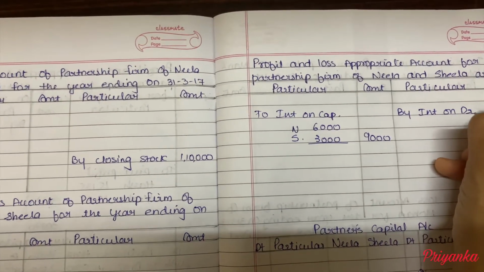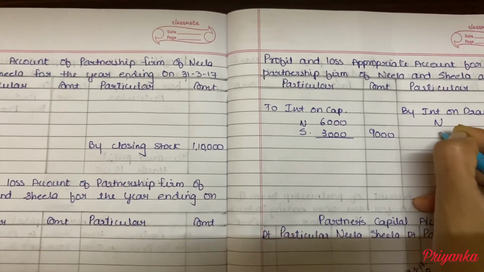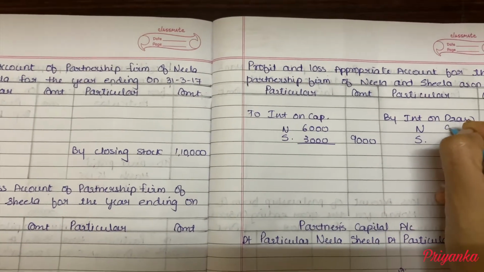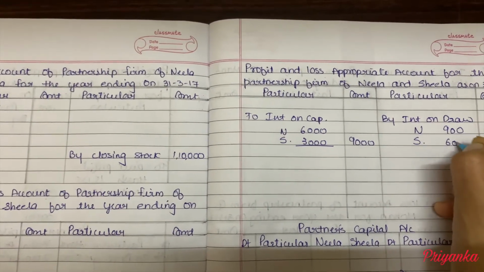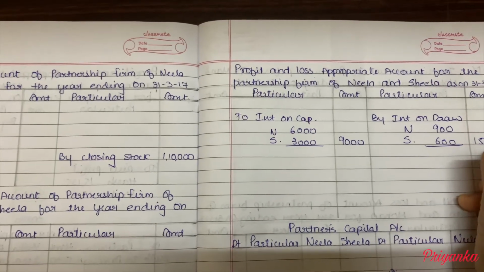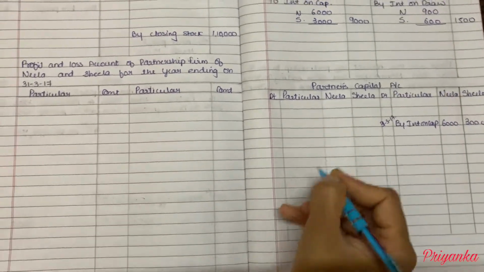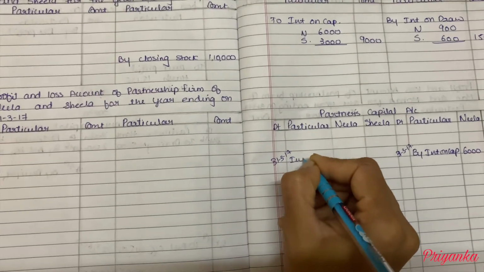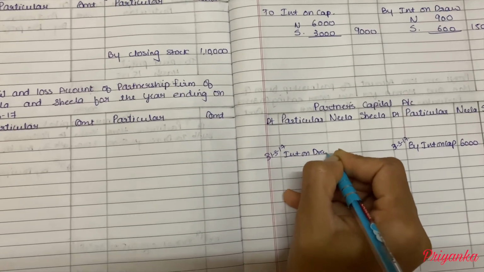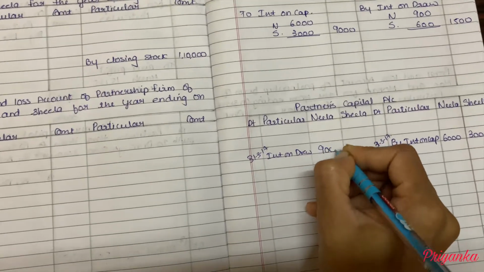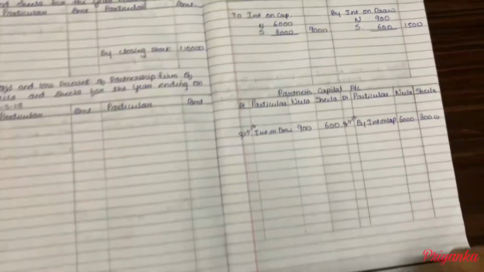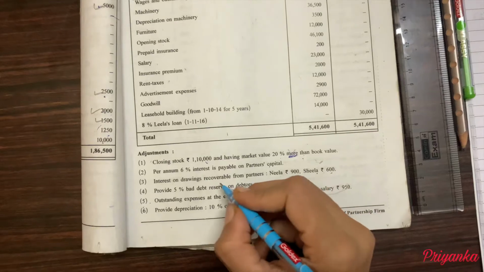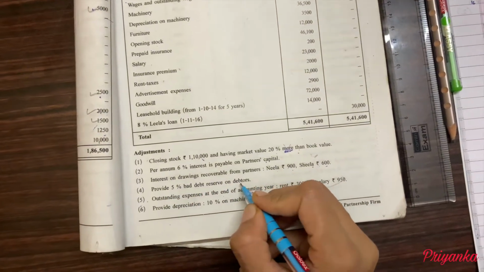Interest on drawing 900, 600 is equal to 1,500. Take into the cross. Interest on drawing 900 and 600.